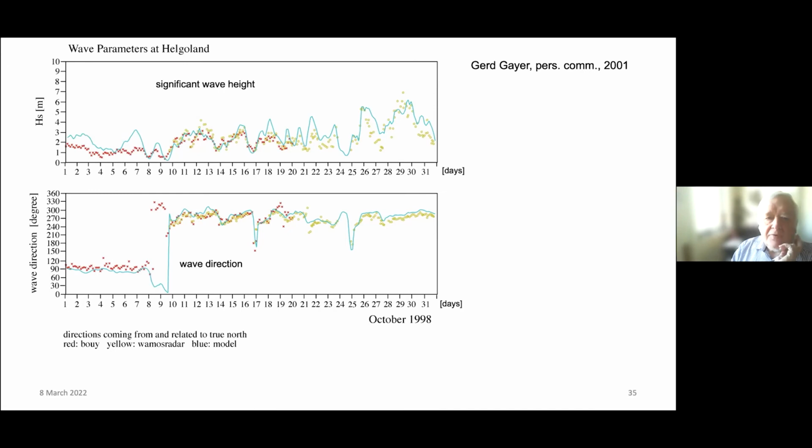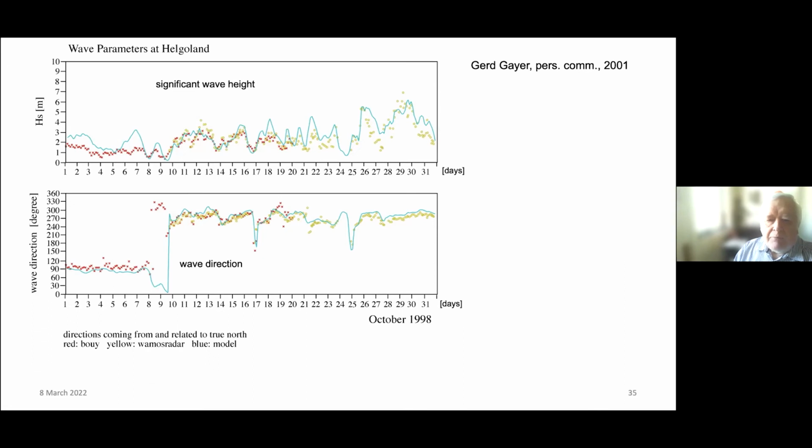And here you have, at a buoy at a location next to Helgoland, the development of significant wave height. In blue, you have what the wave model is suggesting. This is run by the output of the regional model.